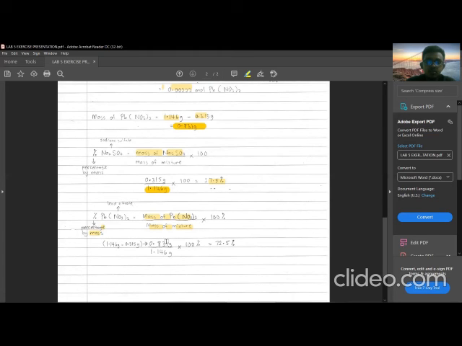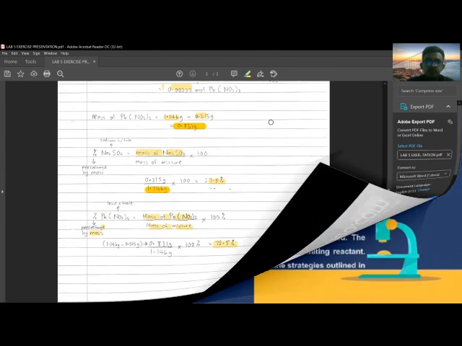So the mass of Pb(NO3)2, lead nitrate, is 0.831 gram over the mass of mixture, which is already given in the question, 1.146 gram, times 100. So we will get the answer 72.5% for lead nitrate. Thank you.